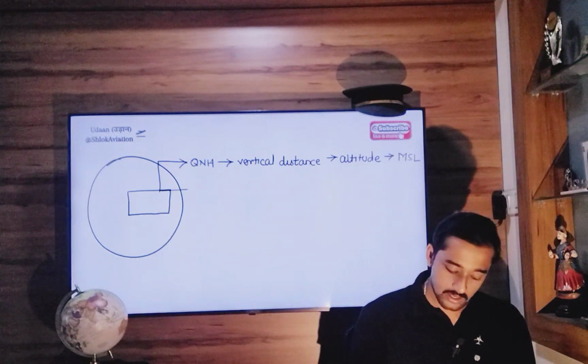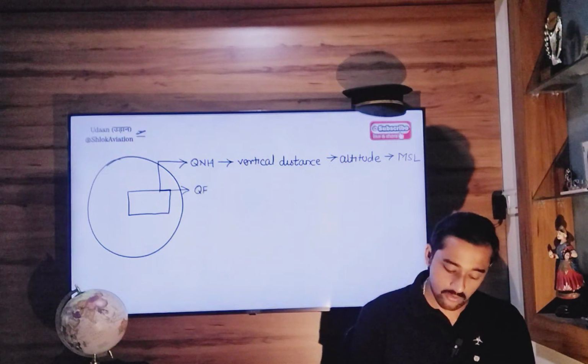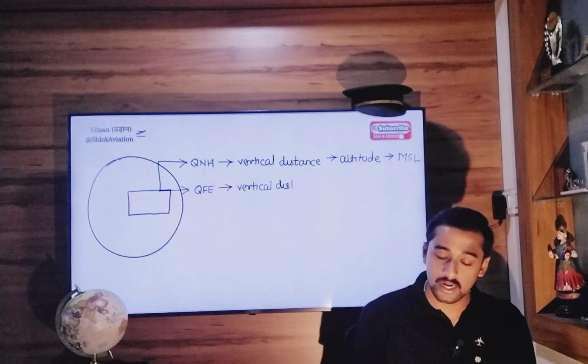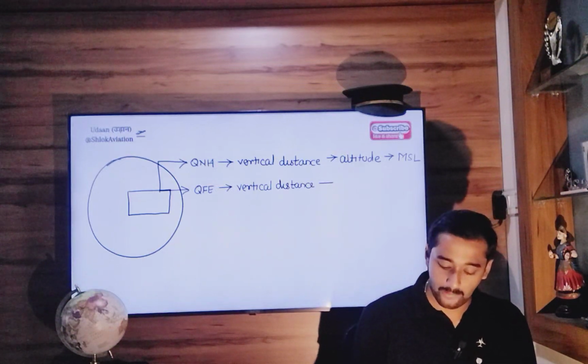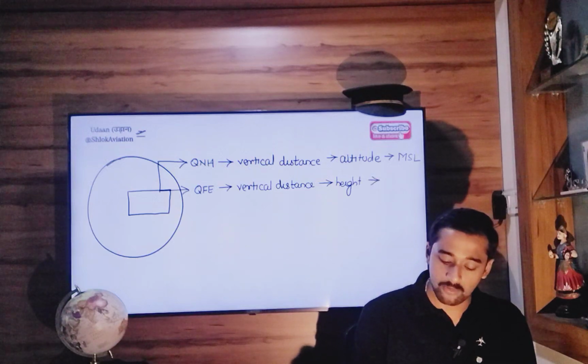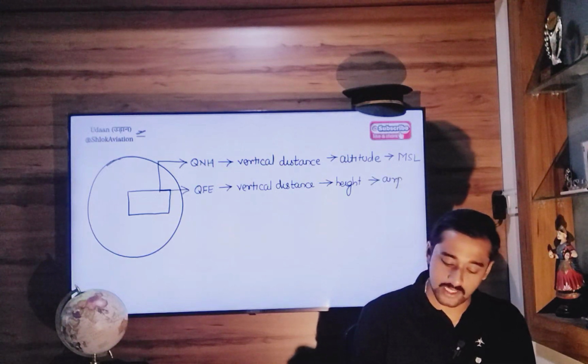When you put QFE in this altimeter setting window, you will get your vertical distance, that is height, from aerodrome or airport surface level.